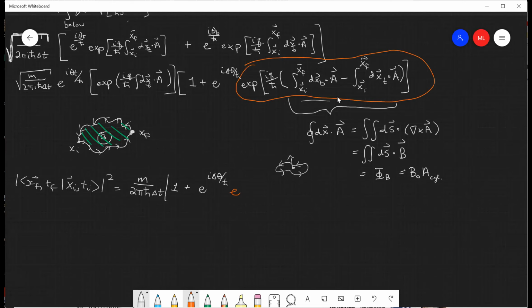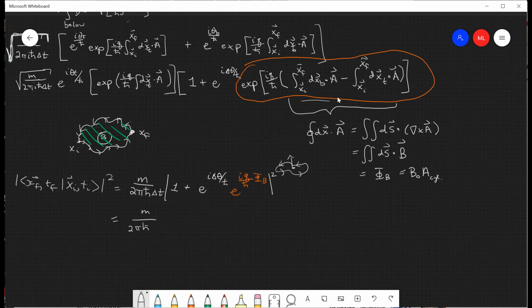It is i q over h bar times the flux, phi B. So that's really pretty interesting, right? Because now when we take the magnitude squared there, what do we get? Well, we get this stuff out here.